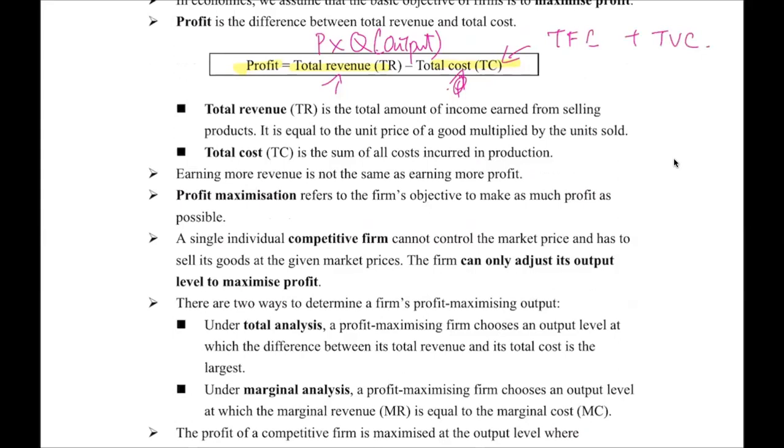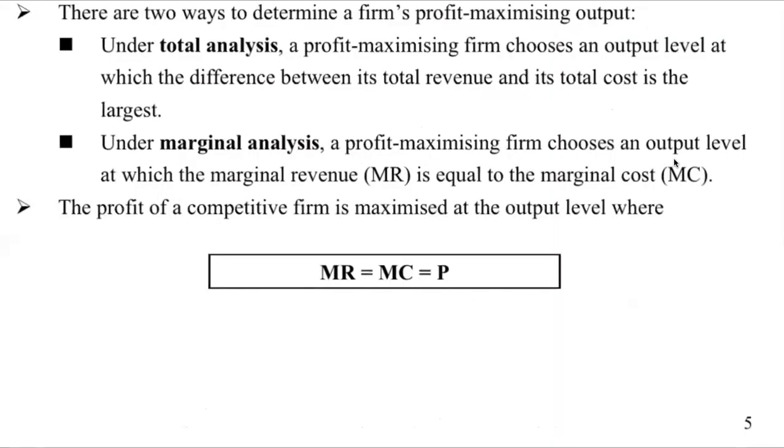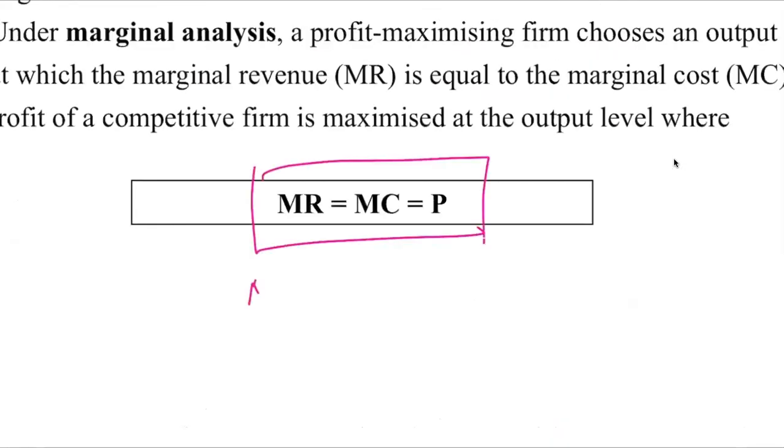So this is a way to find the profit, but actually there are more things you need to know. I don't know whether you still remember this one, MR. Actually, MR is equal to the P. I prefer to write it this way: the P is equal to the MR. So we will try to find either the P or MR in the question first.